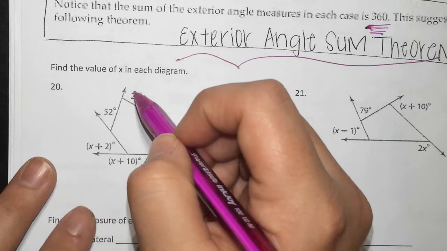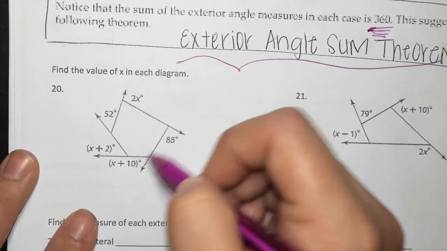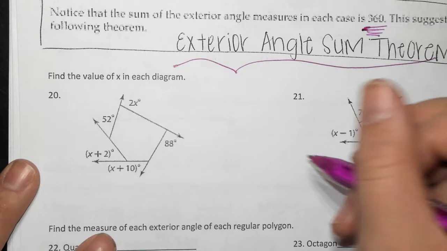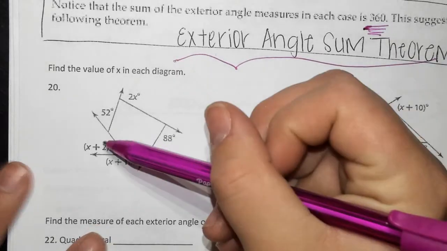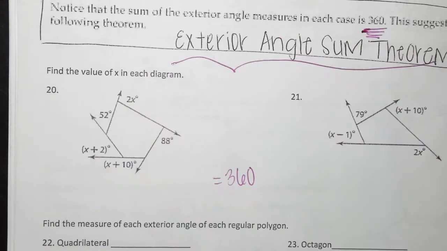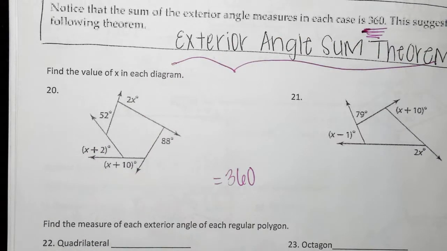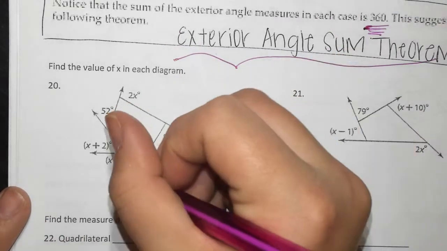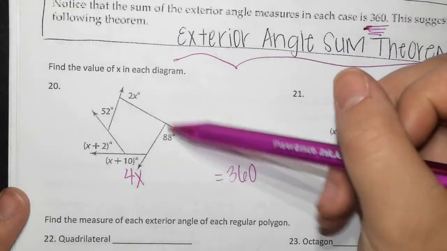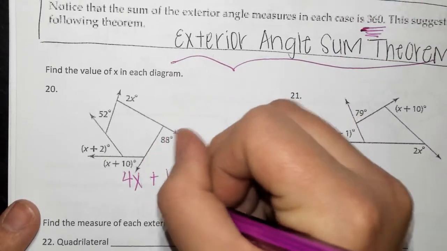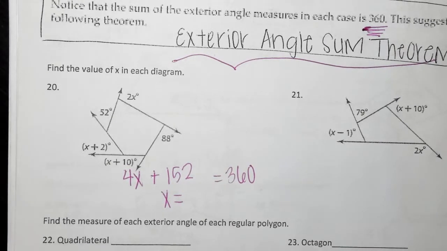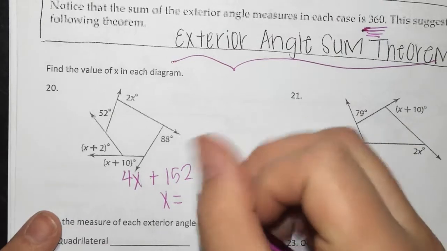So if you want to find the value in this polygon right here, which is a penta, but I really don't need to know that, because it's on the outside and they always equal 360. So you could take x plus 2x, which is 4x, and then 88, 52, 2, and 10. So solve for x. Same thing for 21.